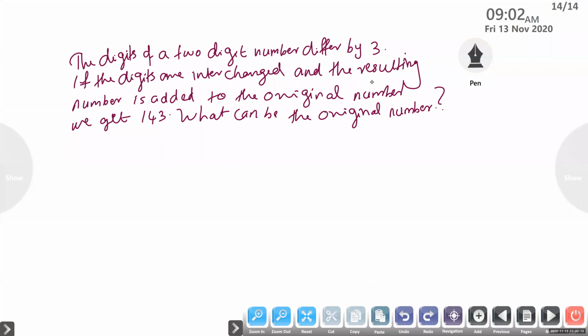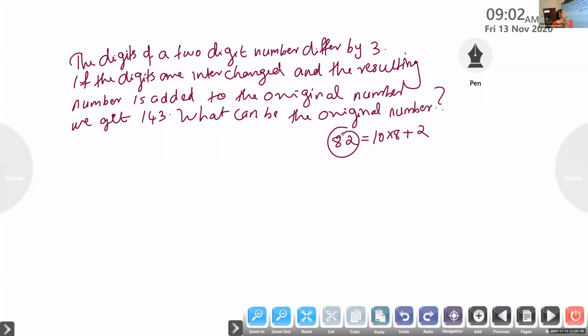See, the number 82 we can write as 10 into 8 plus 2, because in 82 there are 8 tens.